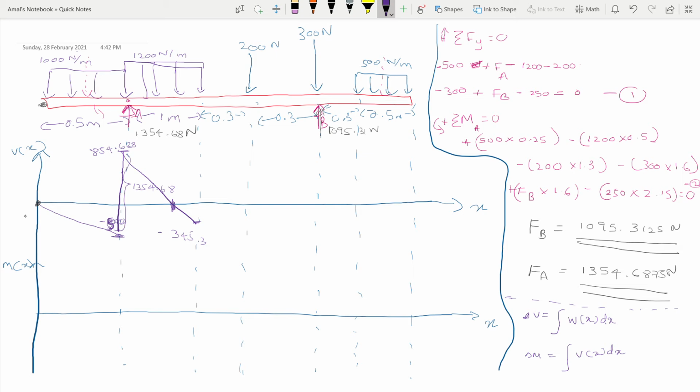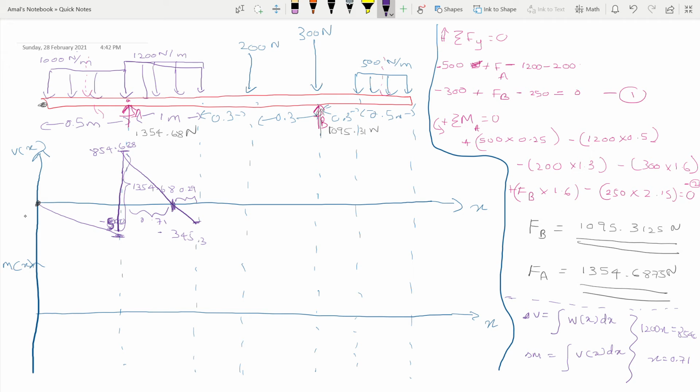So we can say at what x value this graph is equal to 854.688. So x value is going to be 0.71. So this distance is 0.71, and this bit is going to be 1 minus 0.71, which is 0.29. That's how you fix that.